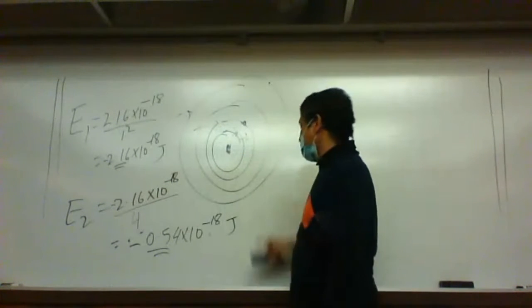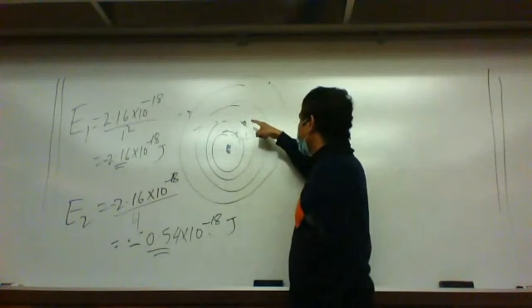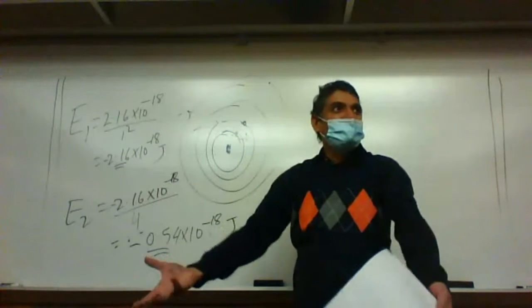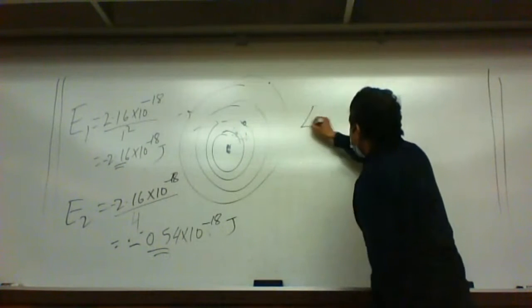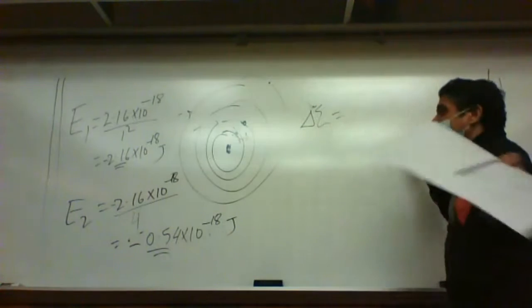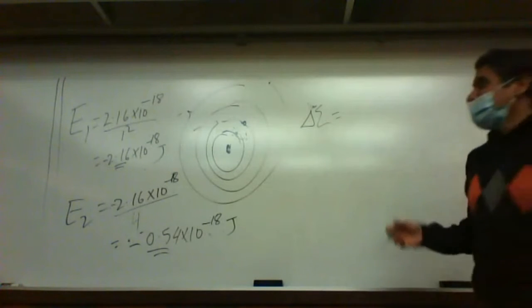For example, if the electron jumps from here to here, how much energy does it absorb? Or if the electron jumps from here to here, how much energy does it release outside, right? So that's what we want to calculate, the difference. We give the difference by delta E. Delta E is equal to E1 minus E2 or E2 minus E1, it doesn't matter. Whatever you want to do is the same thing.